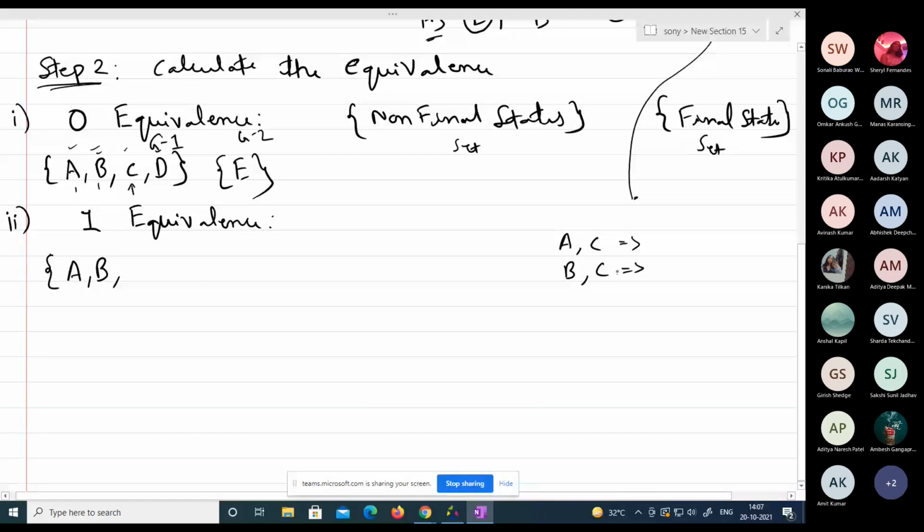To find the combinations, we have to check what C will give me or what B will give me. Instead of repeating this, we can just consider one pair. So I don't want to repeat that process again and again. So I am just finding out the equivalence of B comma C. Is this clear?